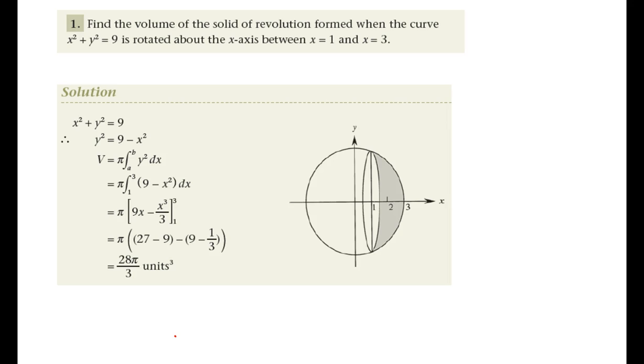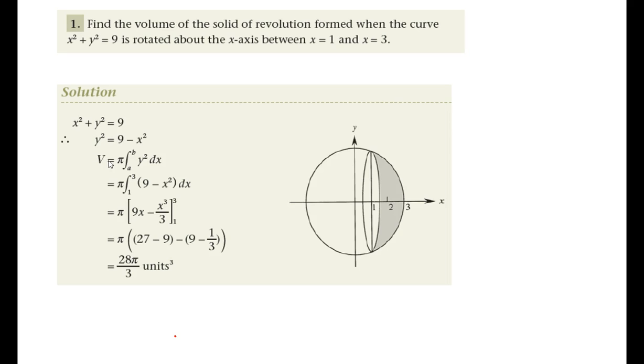Now, let's do an example. Here we have: find the volume of a solid of revolution formed when the curve x squared plus y squared equals 9 is rotated about the x-axis between x equals 1 and x equals 3. Now, the first thing we have to do is to get y squared equals something. So all we have to do there is to subtract the x squared from the other side, so you end up with y squared equals 9 minus x squared.